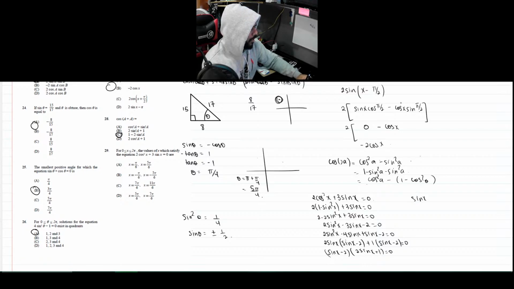We get sine x equals 2, which is out of range. Then we have sine x equals minus a half.